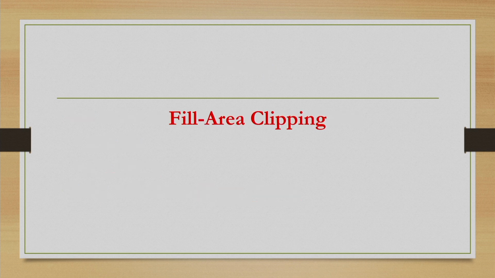So, what is this fill area clipping? As we mentioned, when we talk of clipping, there is a clipping window, and earlier we have discussed how to clip points and lines against this window. However, when we project objects, the projection may be in the form of a filled area such as a polygon where there is a boundary.